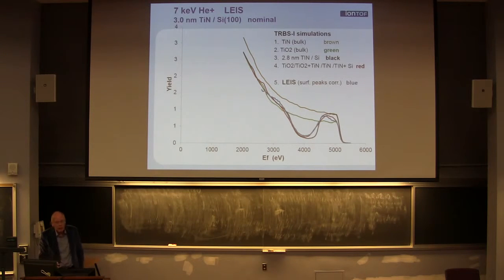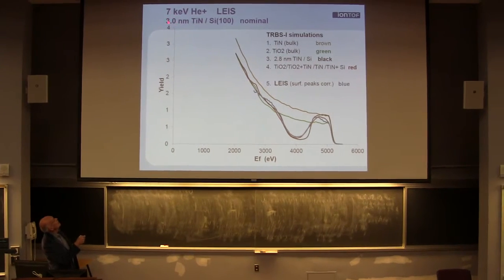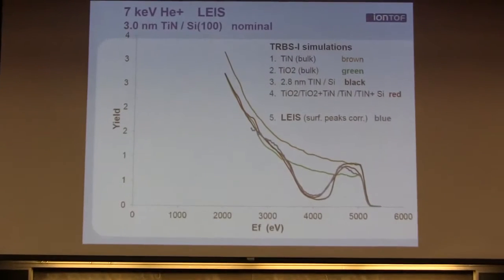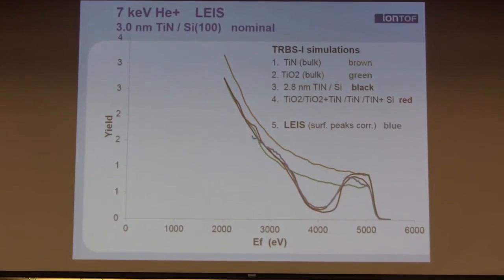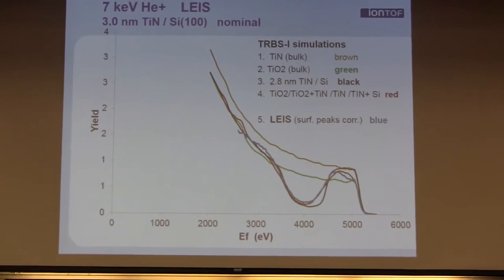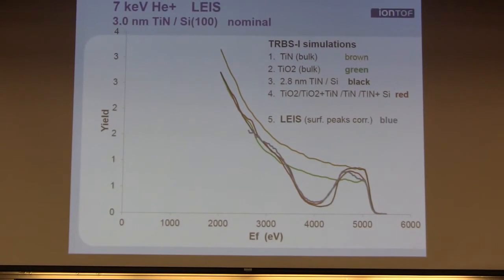One example here for microelectronics: when you grow layers like titanium nitride, in this case it's supposed to be 3 nanometers of titanium nitride on a silicon wafer. We do the non-destructive depth information, and when you see here, if it was ideal, like this black curve here, that is when it's a well-defined layer. In practice, it's not a well-defined layer.